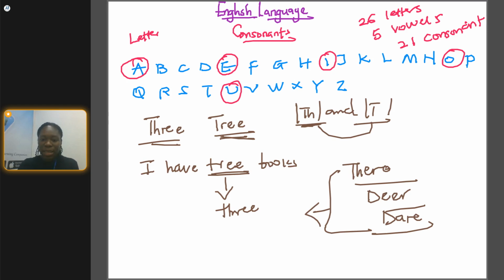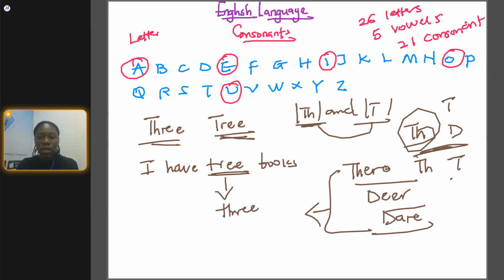So the D sound, the TH sound, some people pronounce it as D. The TH sound, some people also pronounce it as T. Of course, they are different. The TH sound can give us two different sounds, which we are going to be looking at on the consonant. And we have D, T, and TH, but the three of them are different. So that's what we are majorly going to be looking at.